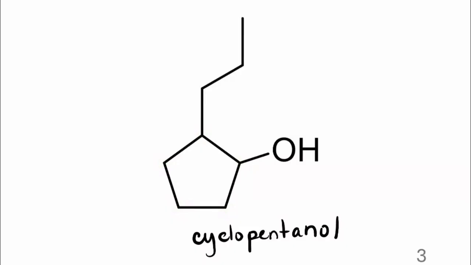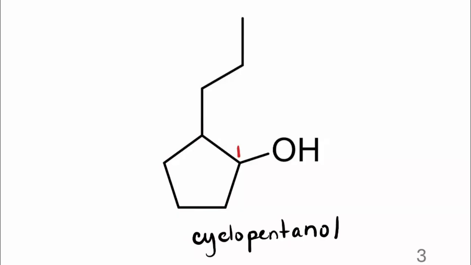Now, when we have a cyclic alcohol, we're going to start numbering the ring system only, starting from the carbon that is holding the OH. So to number this molecule, I will do this as carbon 1. Then I have to make sure that the substituents, if there's any present, around the ring system will have the lowest possible number. So this is carbon number 1.